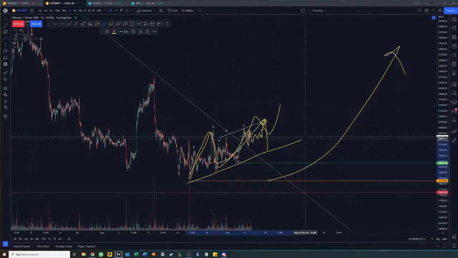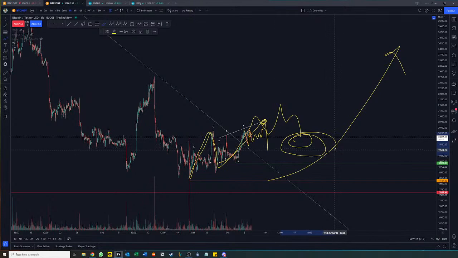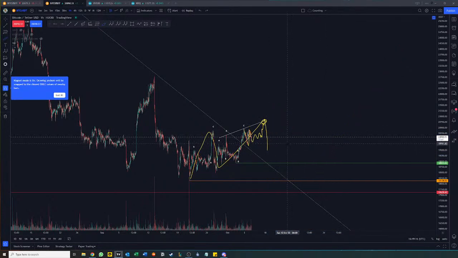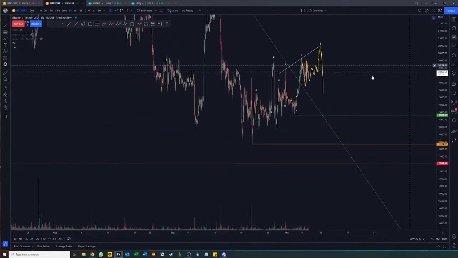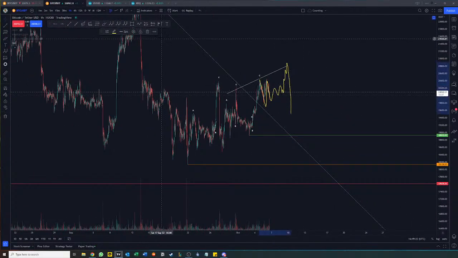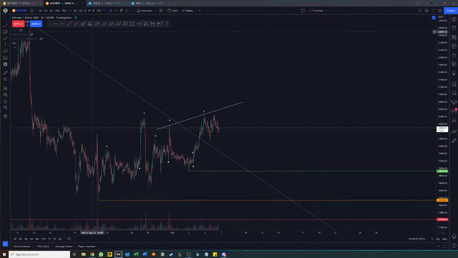Does not break this trend line and make a 5. Then when it goes down, then it will be a very nice time to buy. And I think that is more likely, but you can never expect a leading diagonal. You can only look at it afterwards.